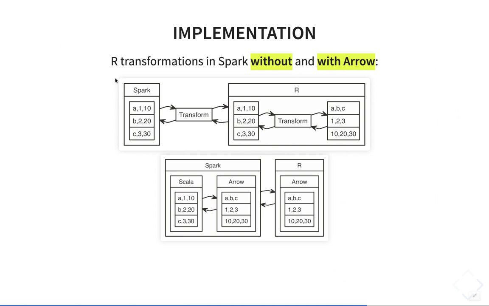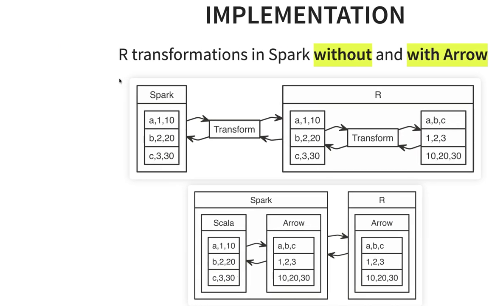The challenge here is how the data is represented. Whenever there's data in Spark, it is common to have it stored per row. For a simple example, this would look like this: A, 1, 10. You have this data set, and the next row would be B, 2, 20.